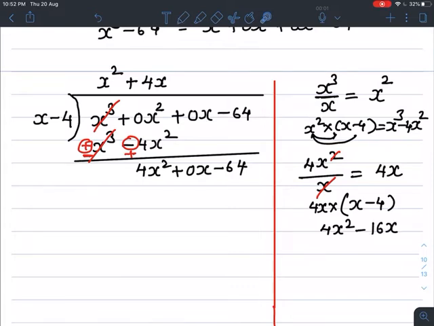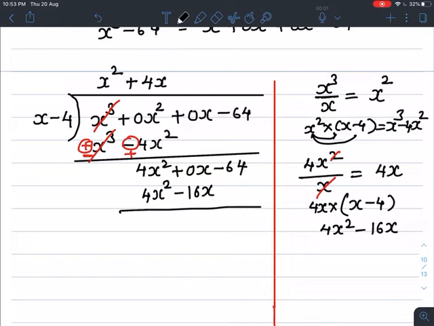Check it again. 4x into x is 4x square, minus 4x into 4, 4 fours are 16x. So I can write this, copy all and write down 4x square minus 16x.